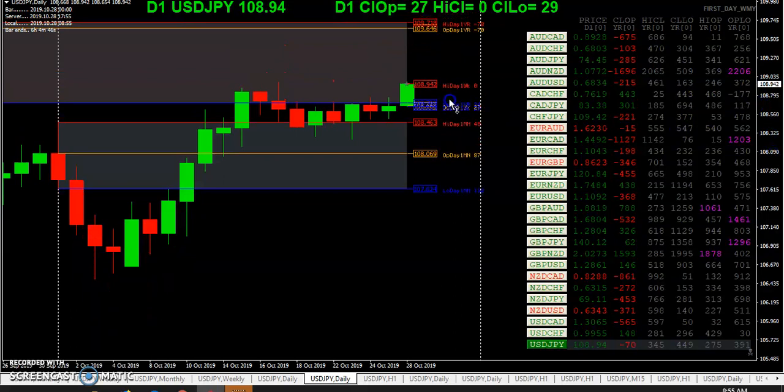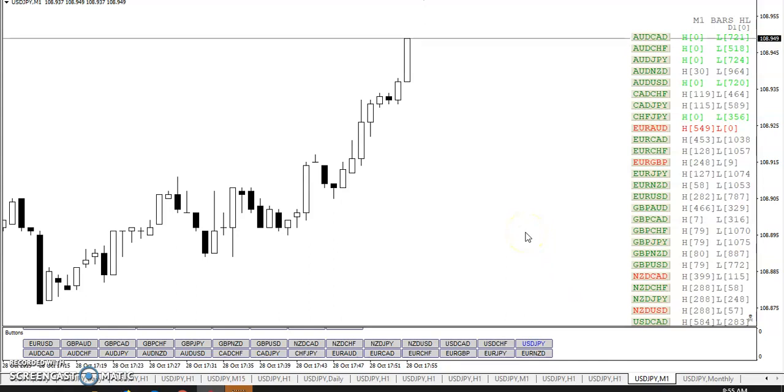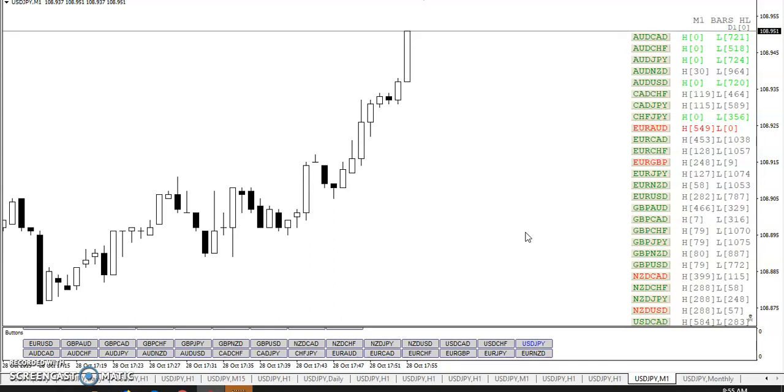And you can see here, we are within the range of the first day of the year's candle right there. There's the high, the open, and the low. Okay, let's get on with the timing trick. But before we get to that chart, we're going to find some pairs here that should show an interesting result, we should be able to see it at work.